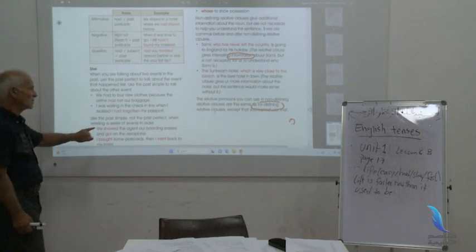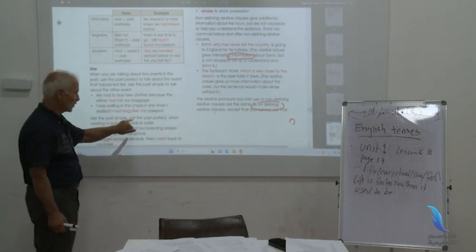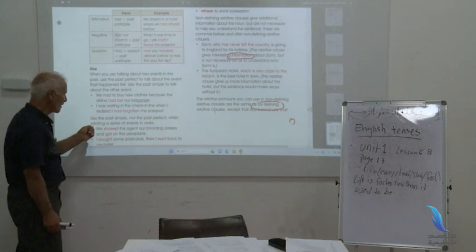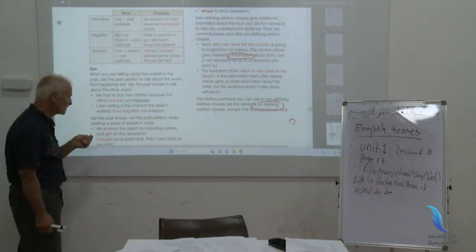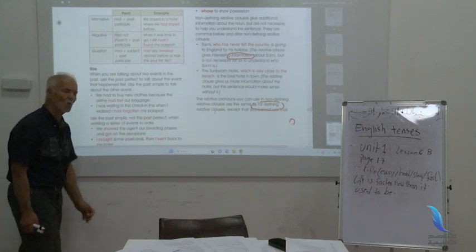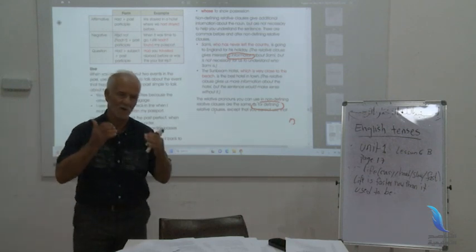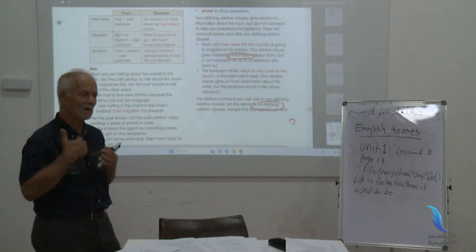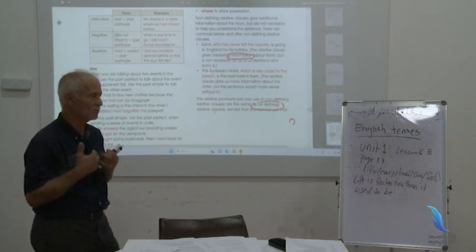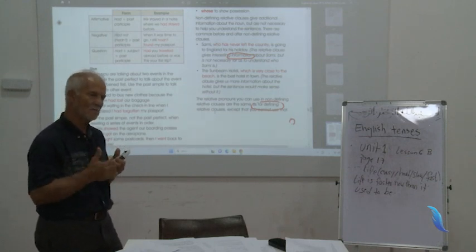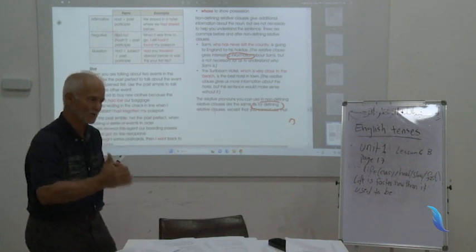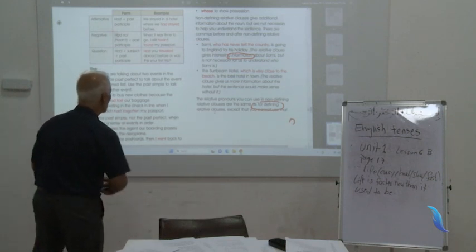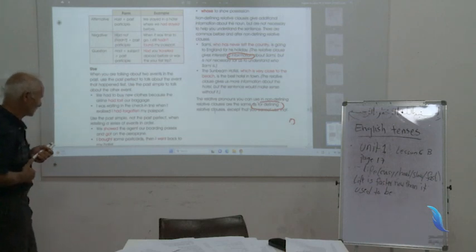Now, use the past simple, not the past perfect, when retelling a series of events in order. If we have a lot of things that happened and I want to mention them in a series, in a sequential manner, I better use past simple.